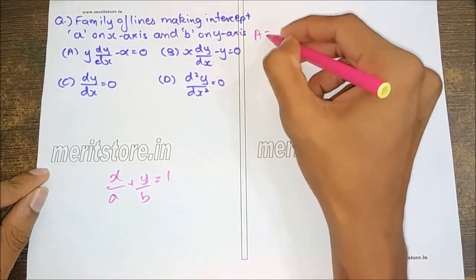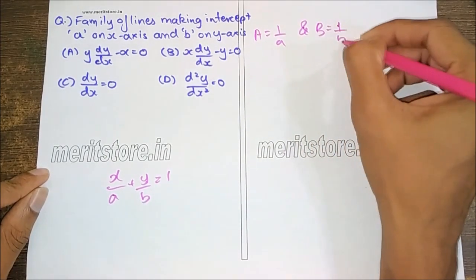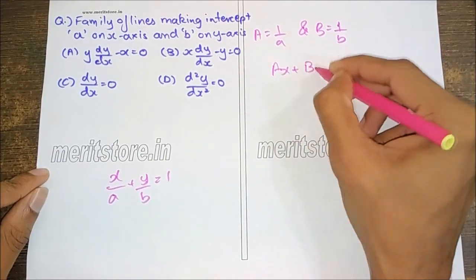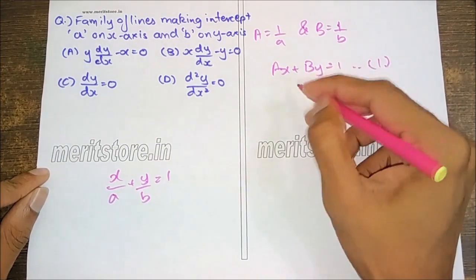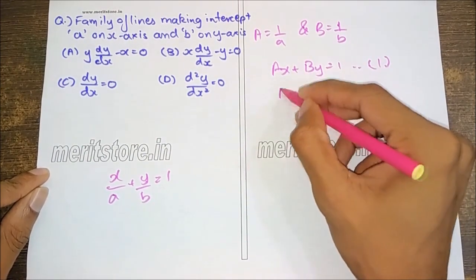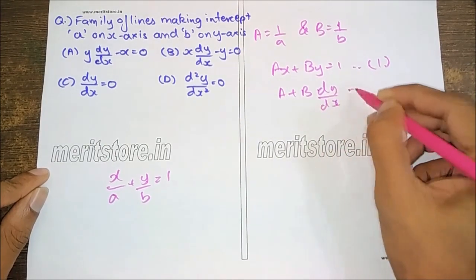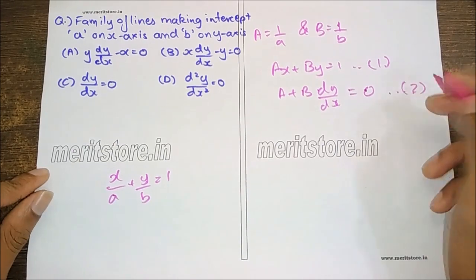Let A is equal to 1 upon a and B equal to 1 upon b. Then the equation becomes Ax plus By equal to 1. Let this be equation 1. Then we get A plus B dy by dx, where we differentiate with respect to x. Let this be equation 2.